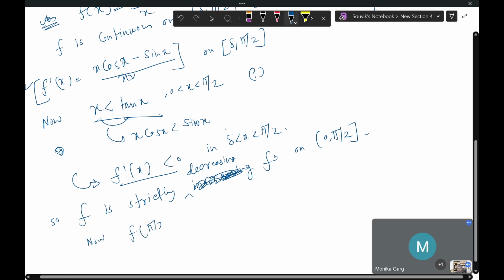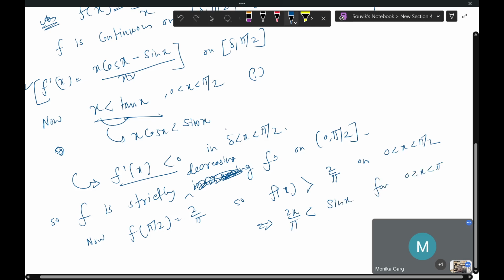As f(pi by 2) is equal to 2 by pi, f(x) is greater than 2 by pi on 0 less than x less than pi by 2. So this implies 2x by pi is less than sin x for 0 less than x less than pi by 2.